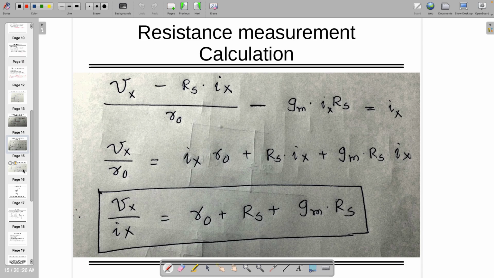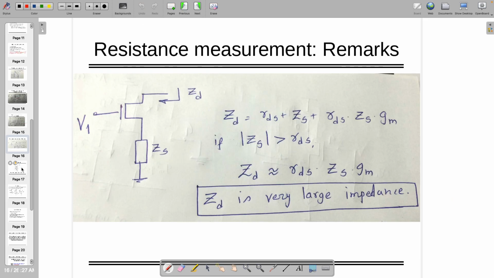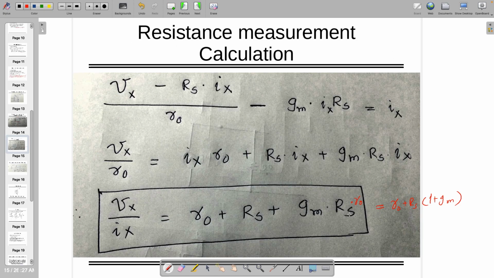Then Vx by Ix is going to give you R0 plus Rs in common, and 1 plus Gm R0. Yes, R0 is there.